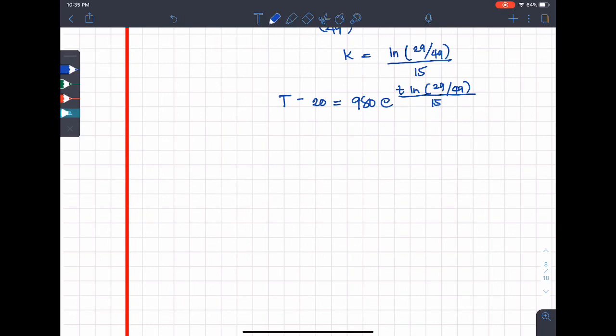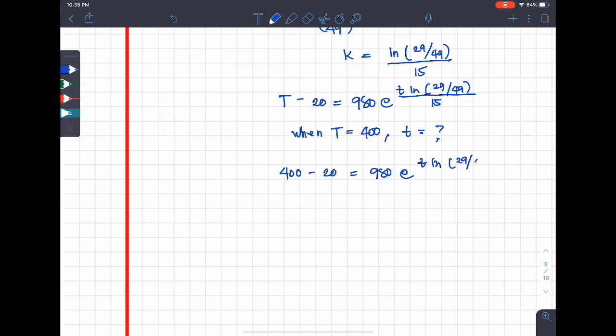So we are to find what is the time when the temperature reaches 400. So to do that, we'll have 400 minus 20 is equal to 980 e raised to t times ln of 29 over 49 divided by 15.